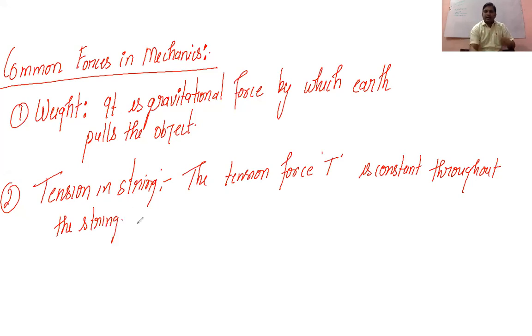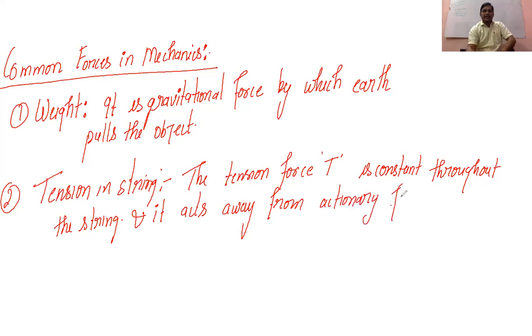Okay, and it acts away from the actionary force. अगर स्ट्रिंग की डायरेक्शन चेंज होती तो वो दोनों तरफ लगता है. वो हम लोग अभी देखेंगे भी, एग्जांपल्स में ज्यादा समझ में आएगा.